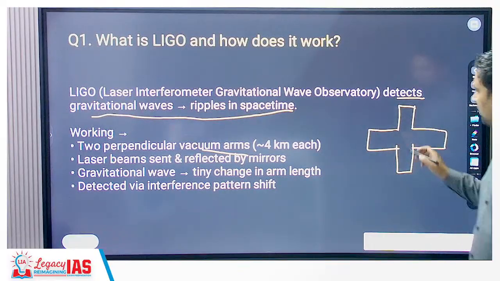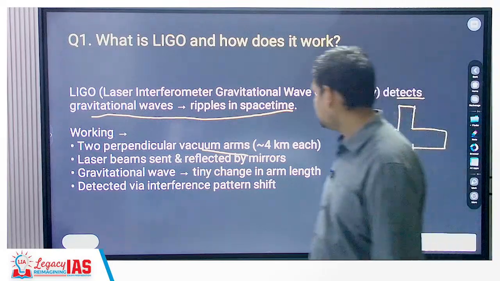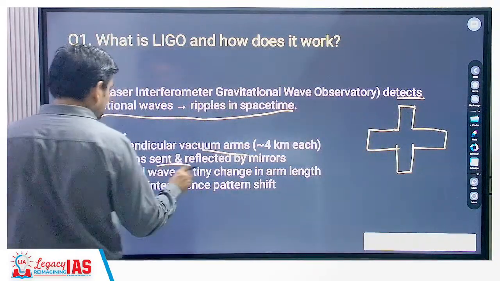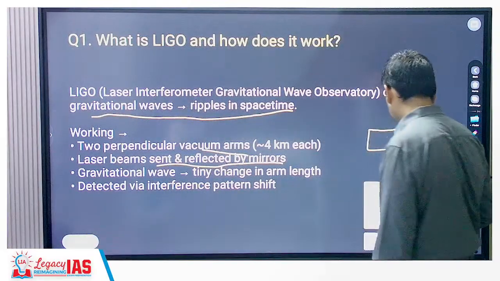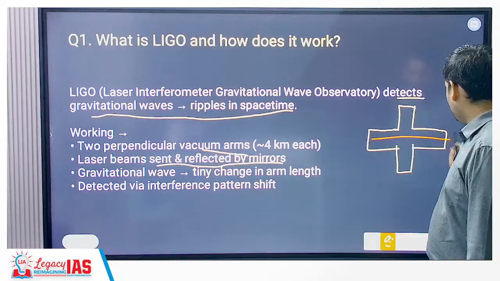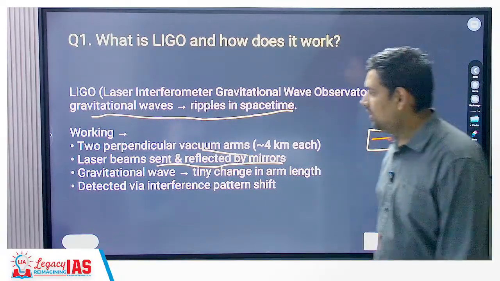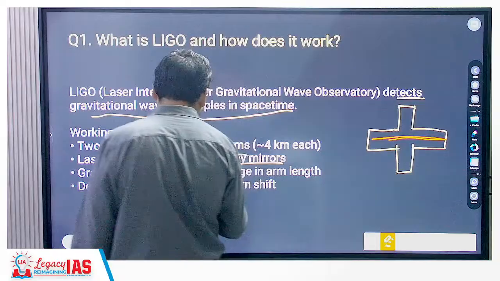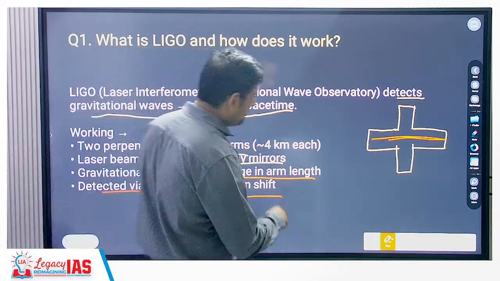These are two perpendicular vacuum arms. Now laser beams are sent and reflected by mirrors. So from here they will be sending laser beams which will be reflected by mirrors. Now with gravitational waves, there will be a tiny change in arm length, detected via an interference pattern shift.